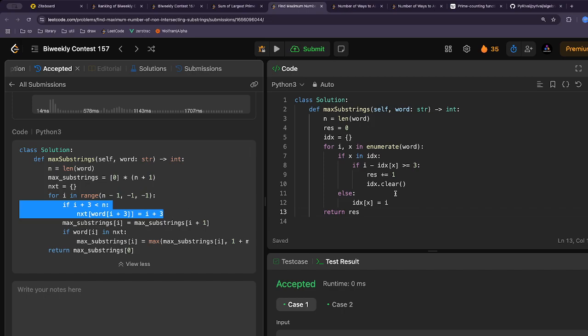So it might pay off, but with this implementation it's pretty short. And if you have practice with DP, you can implement it pretty quickly.